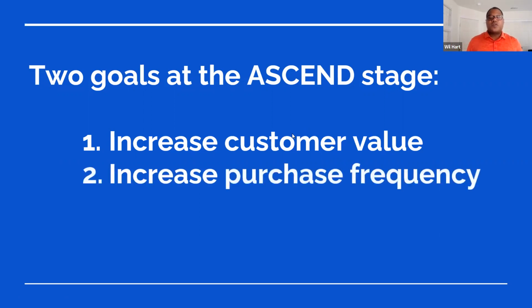Number 2, increase purchase frequency. As I just mentioned, with the Columbia House example, they ship you 13 CDs, which cost you almost nothing, and in my case, I bought more and more CDs over the years from them.